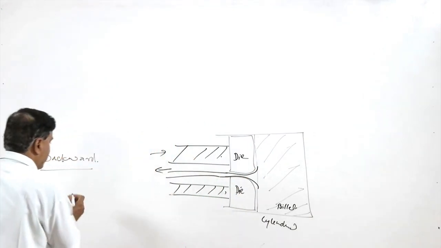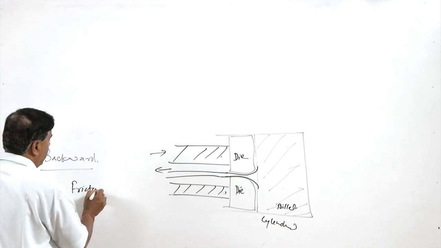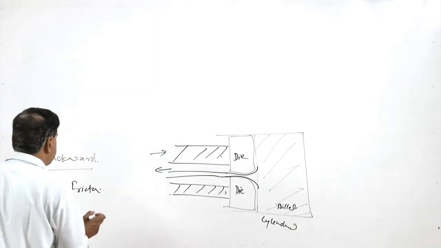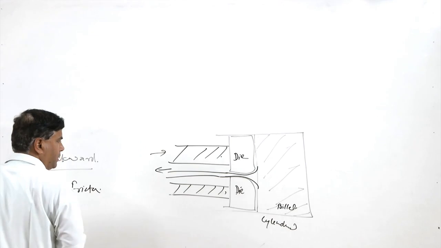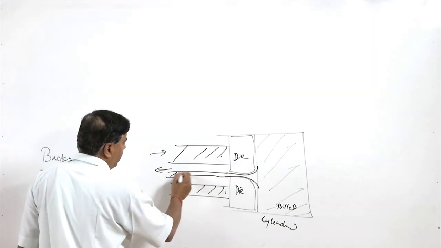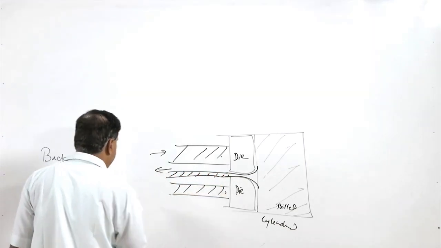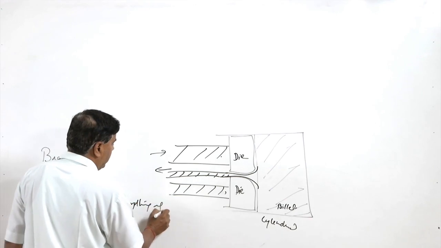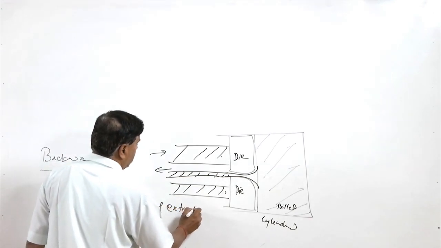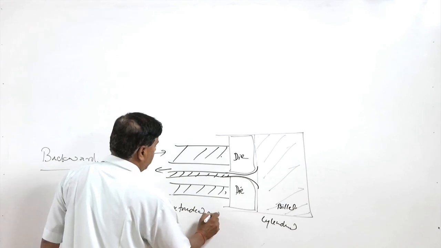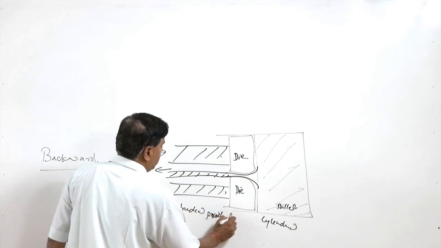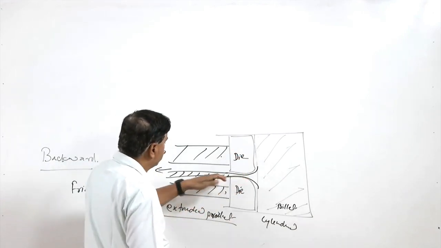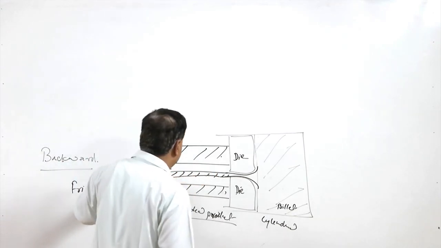So, the frictional effect between the billet and the cylindrical container wall is taken care of effectively using the backward extrusion process. However, in this case, since the extruded metal comes out through the ram itself, the handling of the extruded products becomes difficult because there is a ram which is moving forward, and through the ram the extruded part is coming out, which is hot.